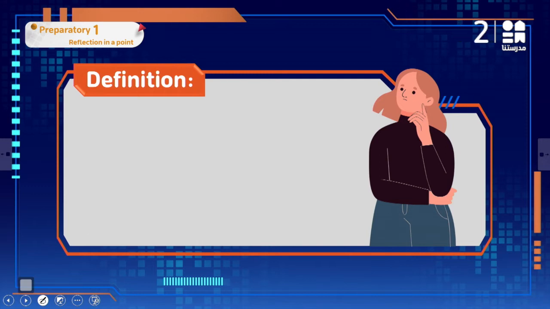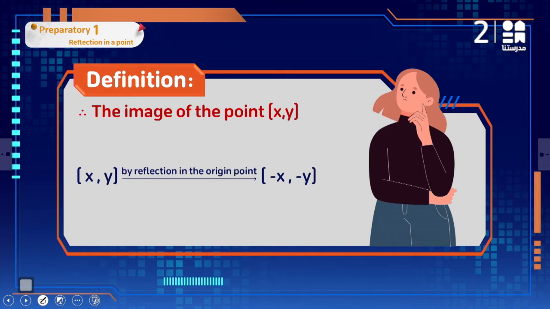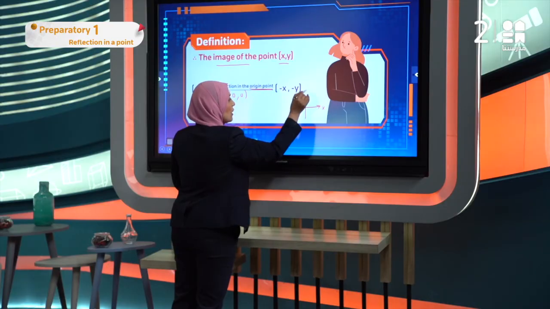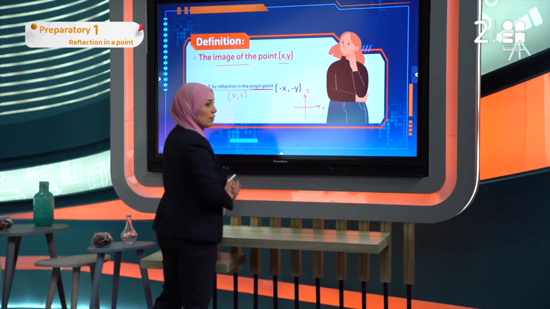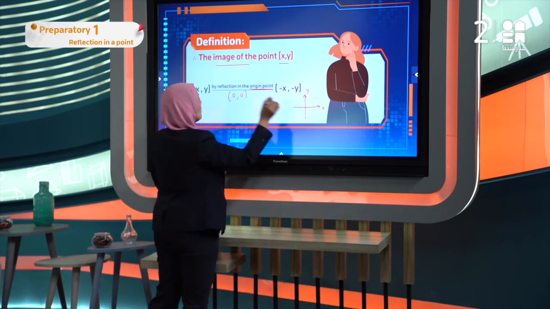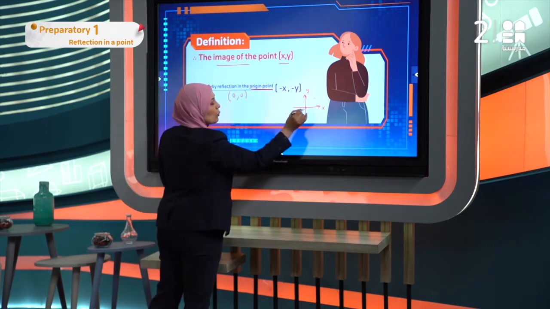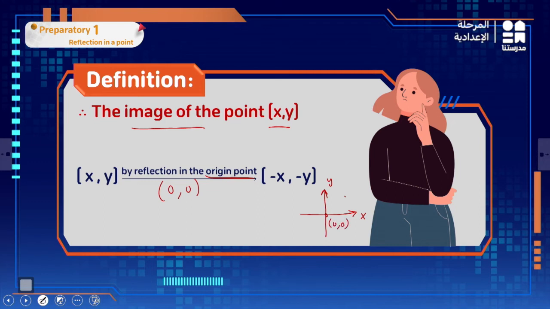So what does it mean? If I have the coordinate plane, this is the x-axis, and here we have the y-axis, and I have any point, I need to reflect it in the origin point, which is (0, 0). What is our rule? (x, y) will be (negative x, negative y).